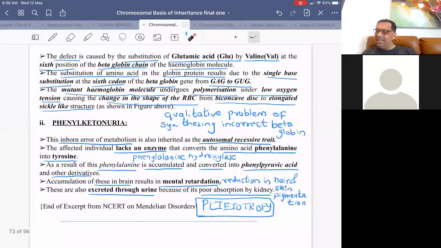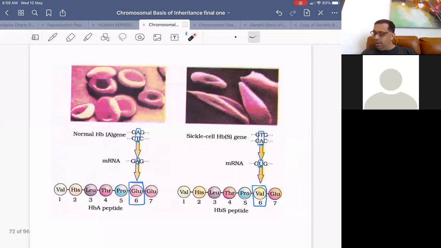Now, why is this happening? And where is this happening? At the sixth position of the beta globin chain, that glutamic acid is substituted by valine.